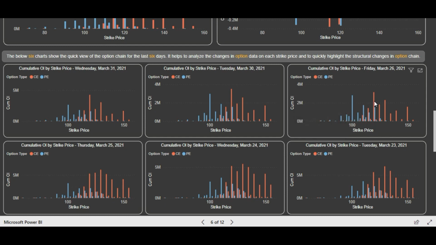Here you see that there was huge call writing and less put writing, and now at the 100 level put writing has been measured, and then the call writing, because previous positions due to the expiry were unwound and all out of the system. Now for the fresh expiry after 25th of March, that is the first day of the April series, the 26th of March, you see the new positions: 100 is acting as a major support zone, and since then we have been seeing put writers getting aggressive.